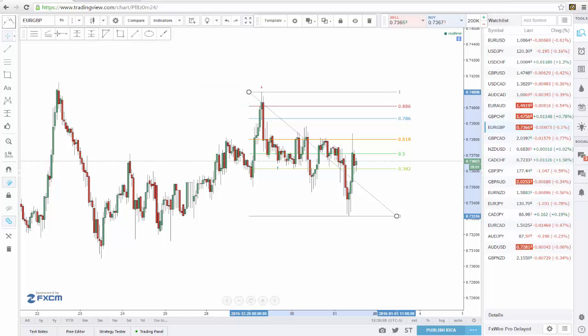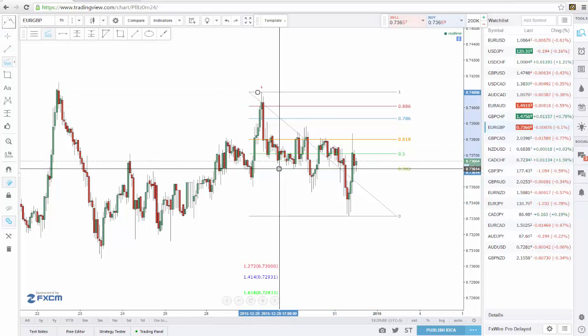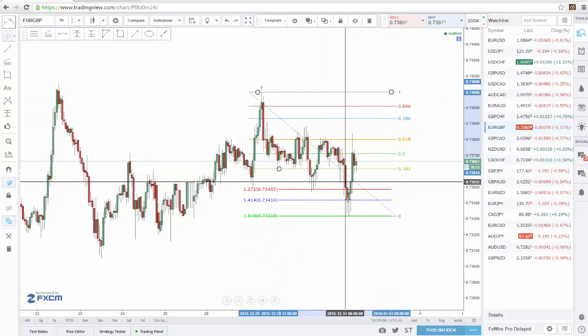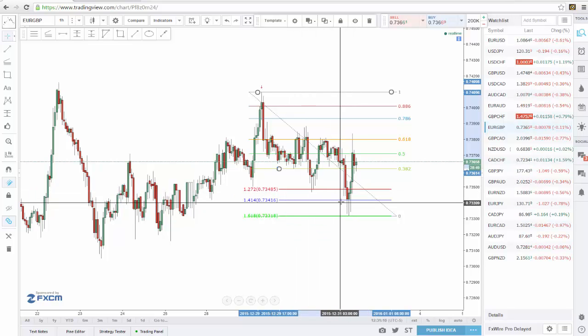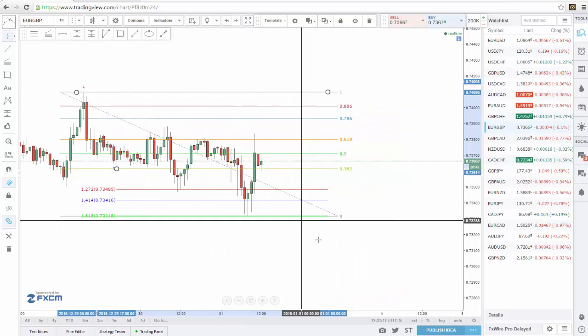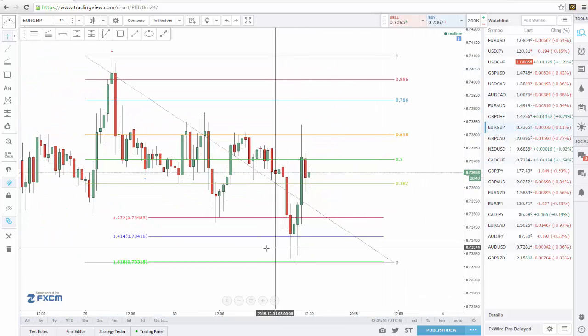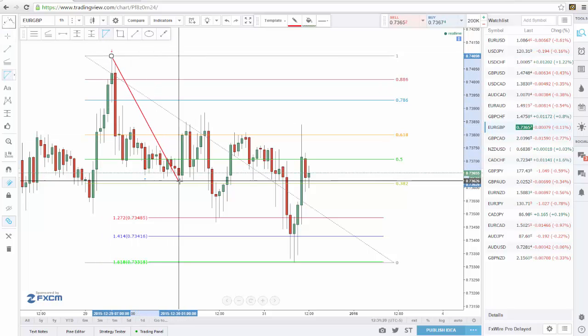And if we get our extension tool out and pull it from X to A and back up, you see that we have a 127 extension that does not close below the 1414 right here. So that creates a valid cipher pattern trading opportunity.